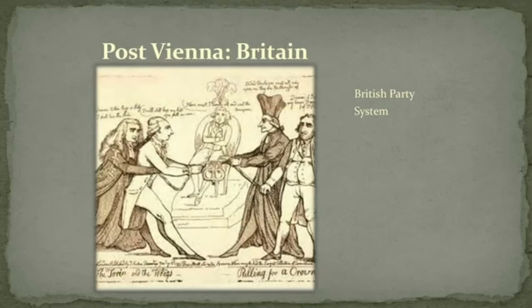Now, England had been for some time developing into a two-party system. Okay. And so in England in the early 19th century, the two parties were the Tories and the Whigs.